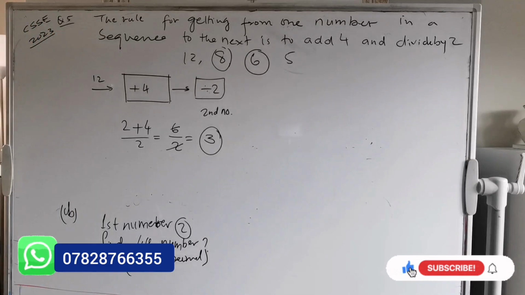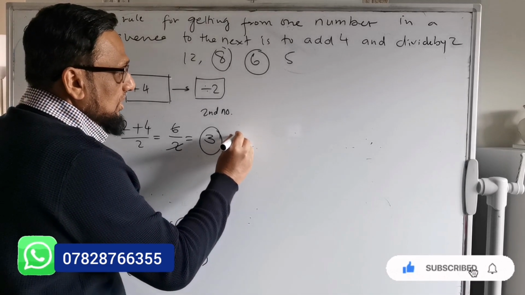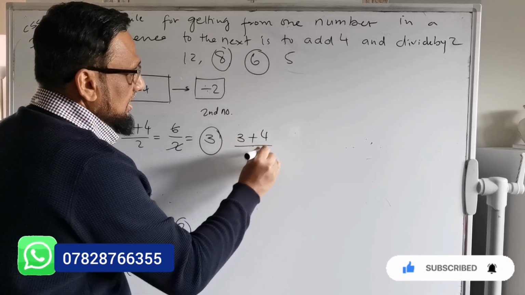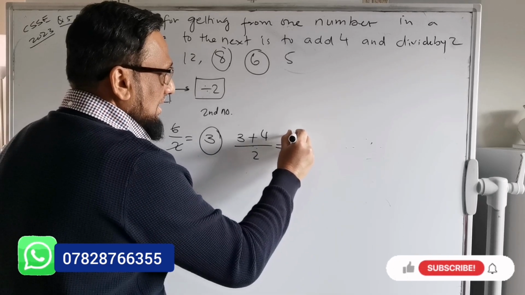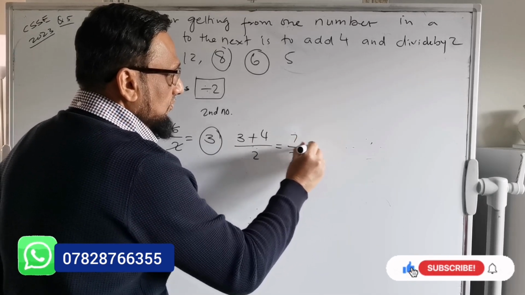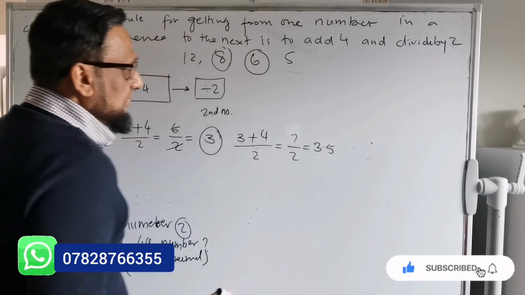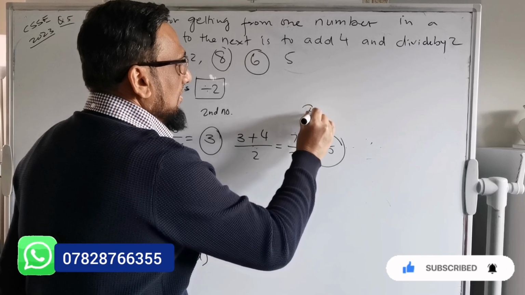The third one is 3 plus 4 divided by 2, which is 7 divided by 2, so the number will be 3.5. This is our third number.